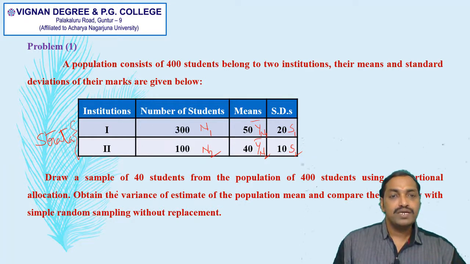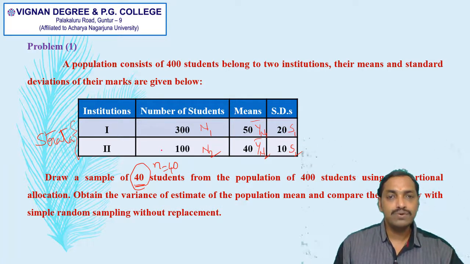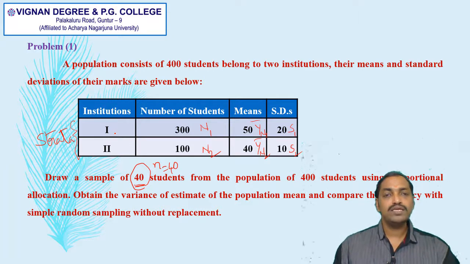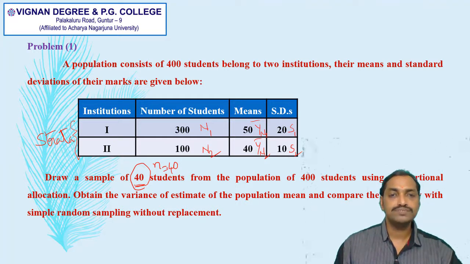Now draw a sample of 40 students. So you need to select 40 students from out of 400 students, including both the institutions together. So we need to determine first from each stratum how many students can be selected into these 40 students.